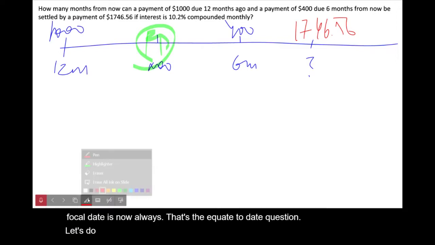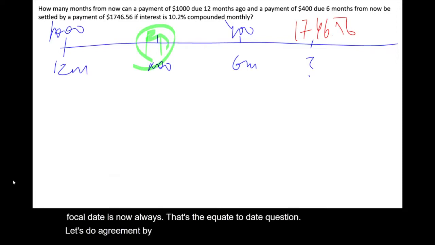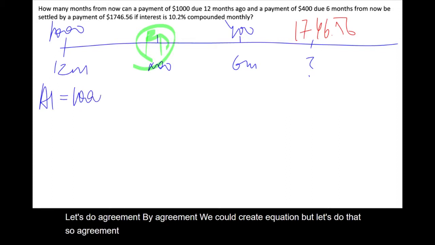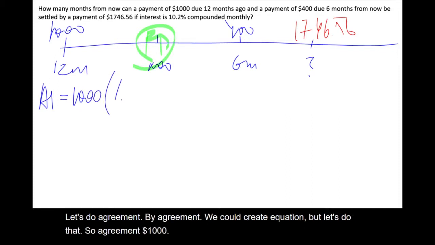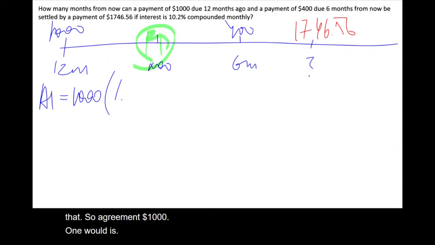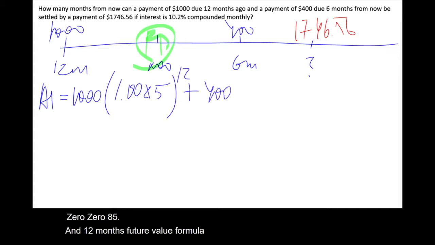Let's do agreement by agreement. Well, we could create an equation, but let's do that. So agreement 1, $1,000, 1.0085 monthly, and 12 months. Future value formula. 400, minus 6.